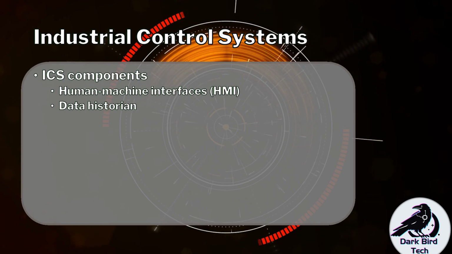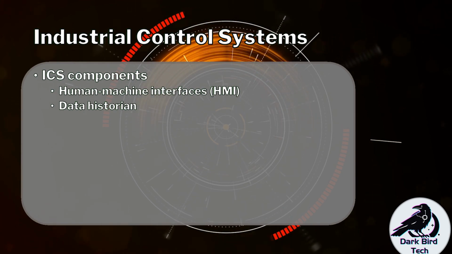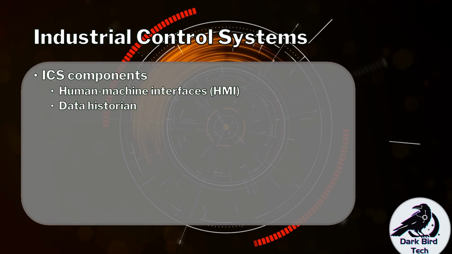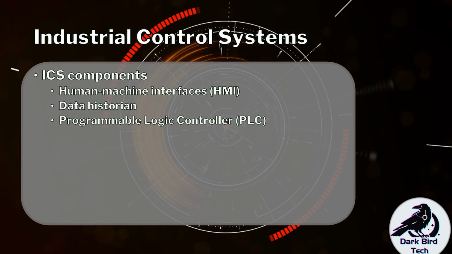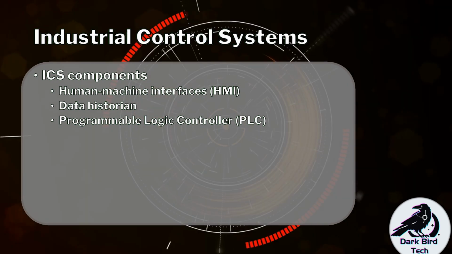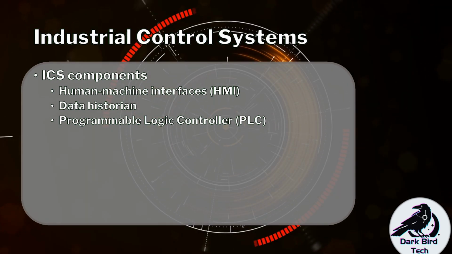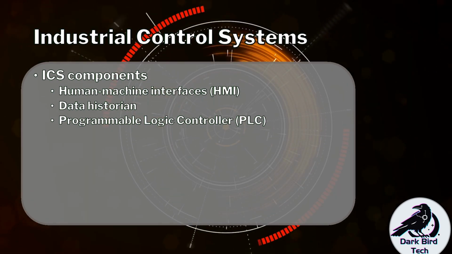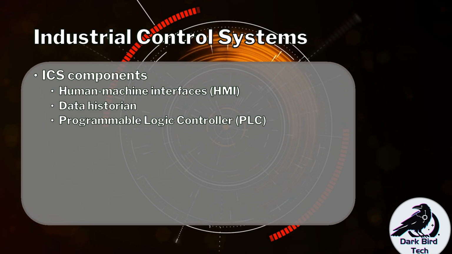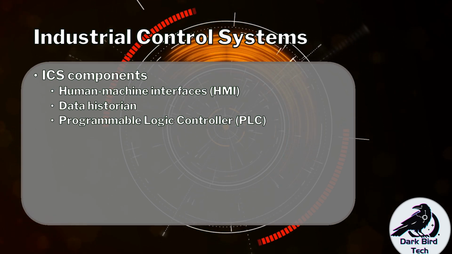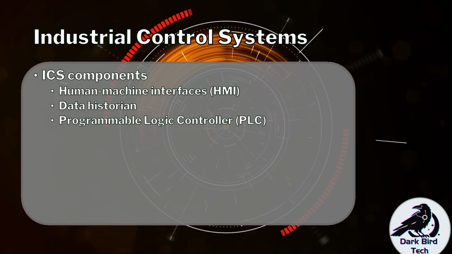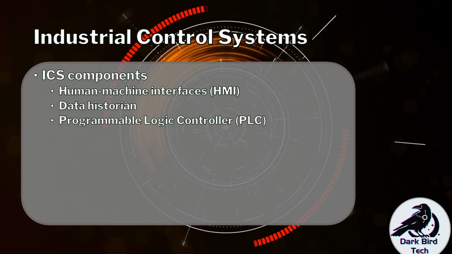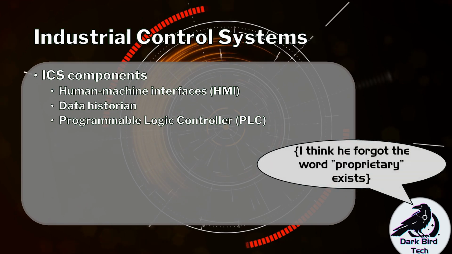And usually the industrial control systems themselves, the heavy machinery and stuff like that, will be managed by something called a programmable logic controller, or a PLC. It looks like a giant circuit breaker with a network cable plugged into it. But it is a miniature computer that follows a very, very straightforward programming language, usually a language that is relevant to the vendor who makes the PLC.